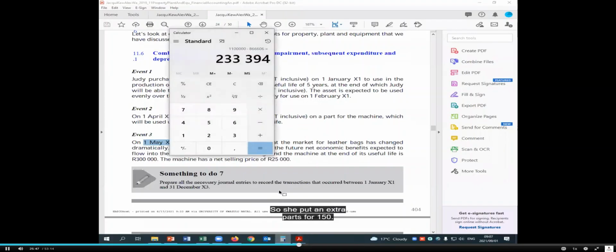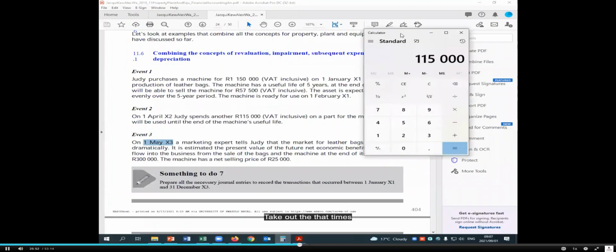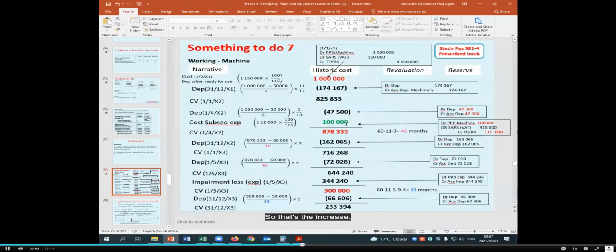So she bought an extra part for 115. Take out the VAT, so you times 100 divided by 115. Right. So this was an extra part that she bought, that 100,000. So that's the increase.